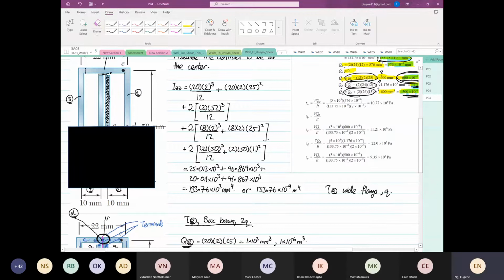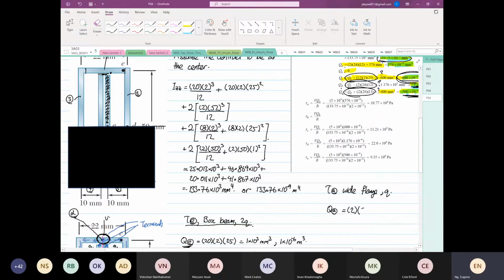So we have Q at point A. The width is 2 millimeters, and then the depth is what? The depth is 24.